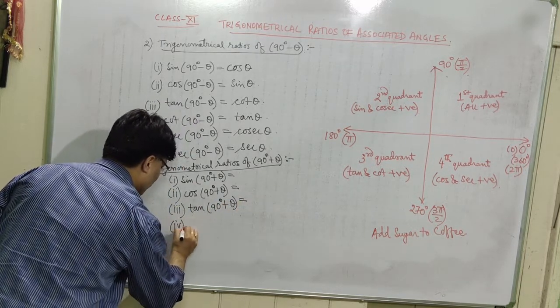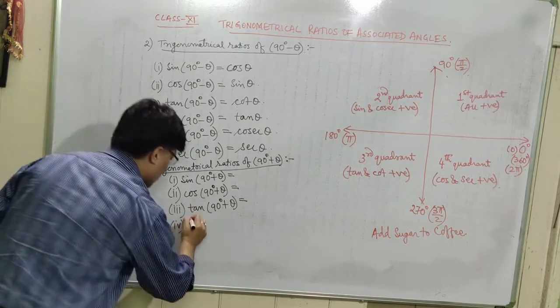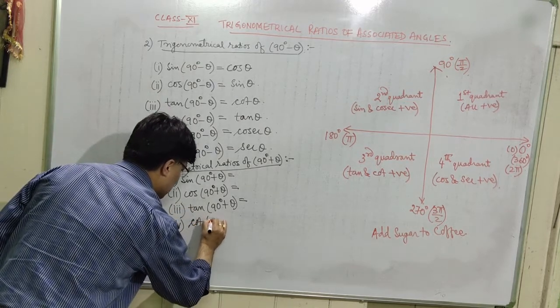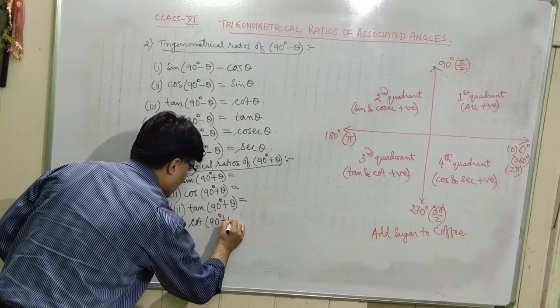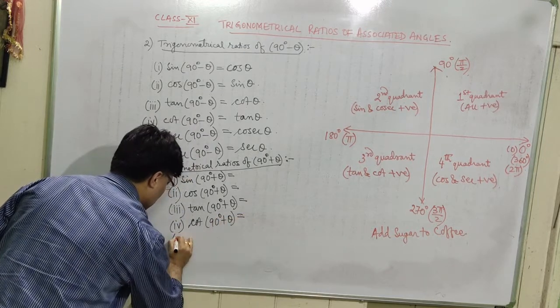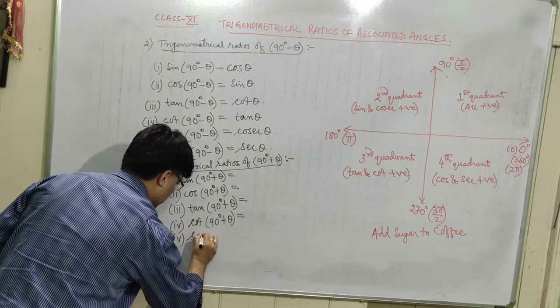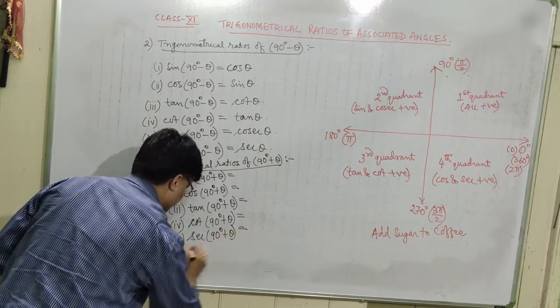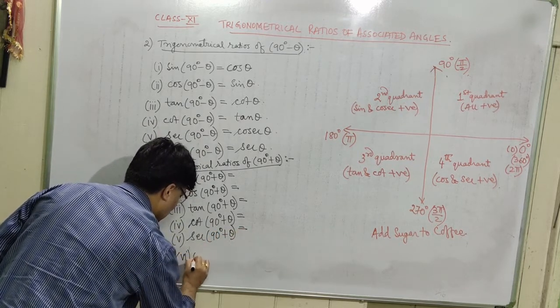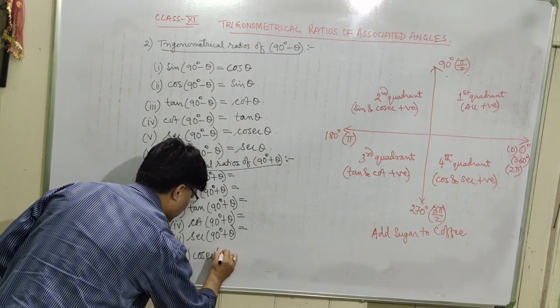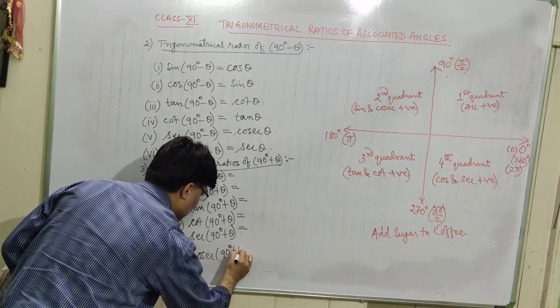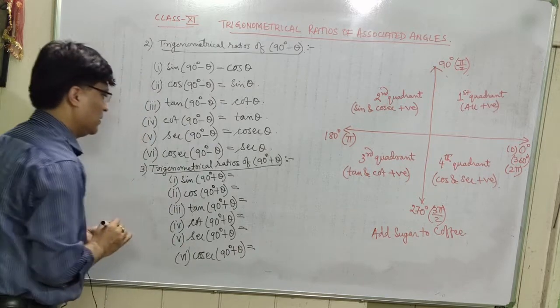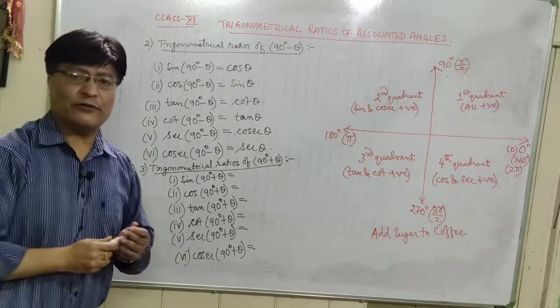Next, number 4, cot 90 degree plus theta. Next, sec 90 degree plus theta. And number 6 is cosec 90 degree plus theta. Okay. Now let us write down the formula now.